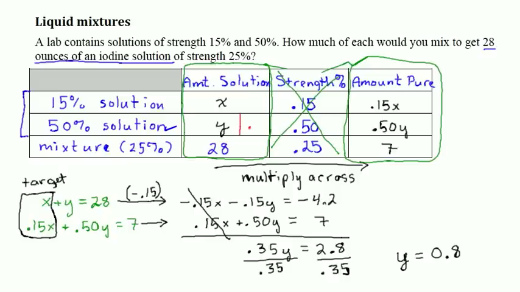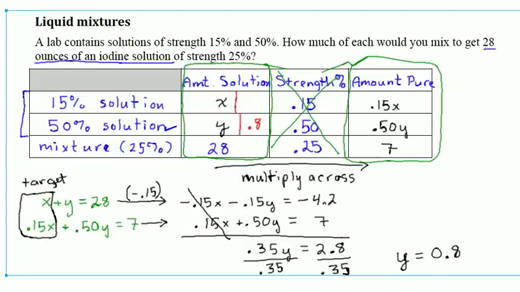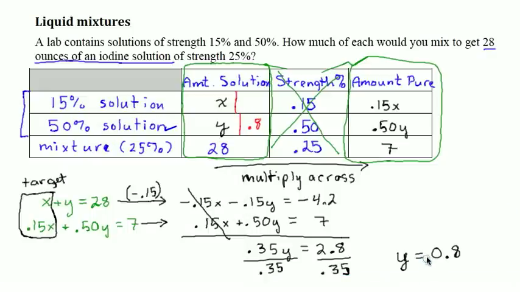So I'm going to use 0.8 ounces of this 50% solution, and if I subtract 28 minus 0.8, sorry, I think I made a mistake there. That should have come out to be 8, I believe. 2.8 divided by 0.35, I must have written 3.5, is 8. So let's come over here and change that y to an 8, and change that y also to an 8.